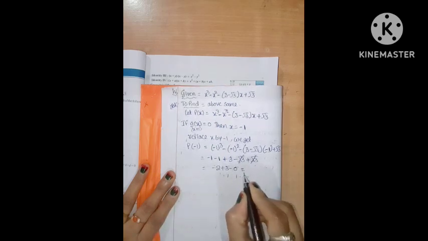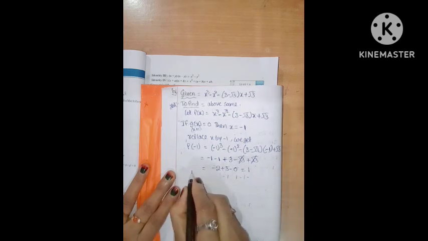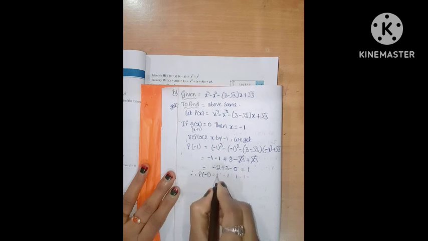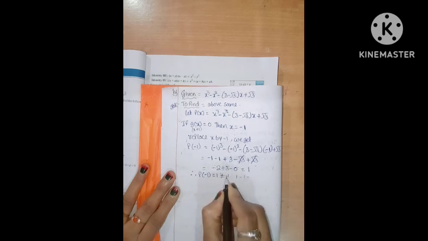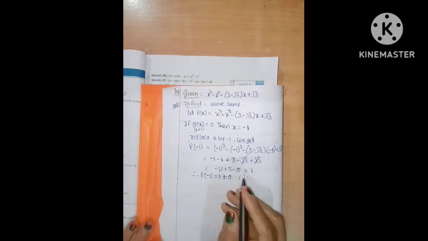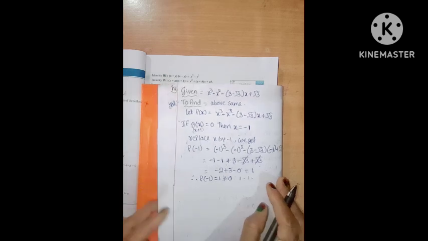So what answer will we get? Plus 1 only. Therefore p of minus 1 equal to 1. Is it equal to 0? No, it is not equal to 0. So is it a factor of p of x or not?